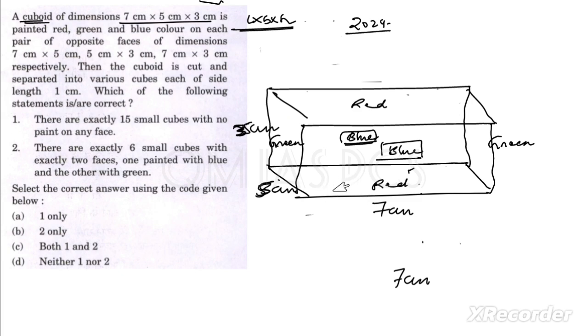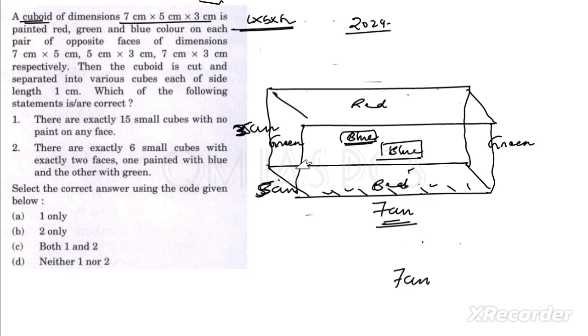This is 7 centimeter. So what I am saying is 1, 2, 3, 4, 5, 6 and 7. So there are 7 cubes there. And in this line there will be 5 cubes.